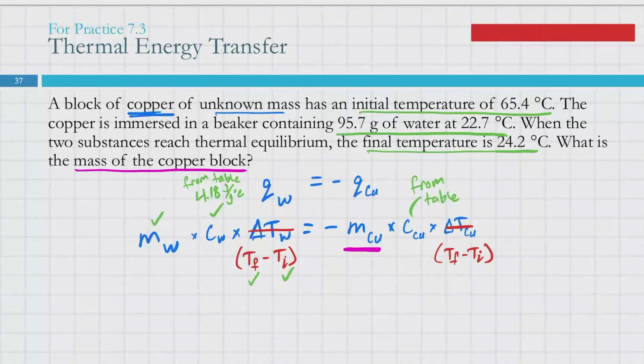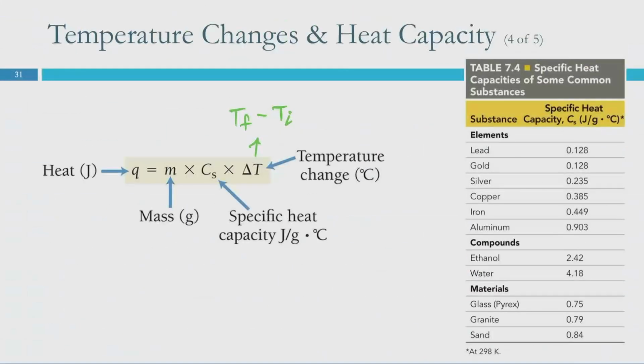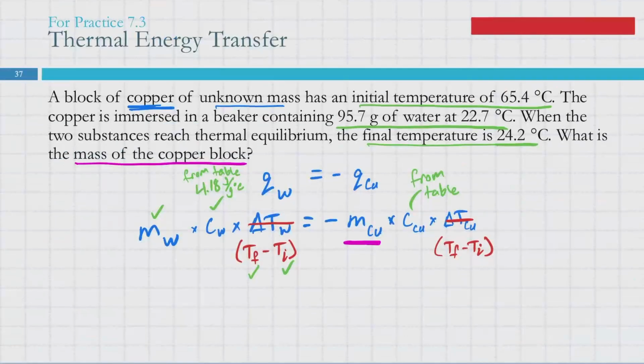So let me go back to this table. Copper here, 0.385 joules per gram degrees Celsius. We also have our final temperature and our initial temperature of the copper. The final temperature for them is the same at 24.2 degrees Celsius.